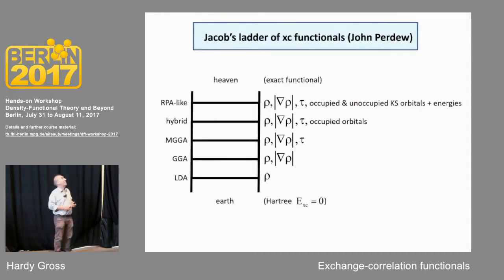So here's this Jacob's ladder that we have seen before: LDA, GGA, meta-GGA. And then there's two more rungs that I want to discuss. Hybrid functionals, where in addition the functional depends on occupied orbitals, and the highest rung is occupied and unoccupied orbitals and the energies.